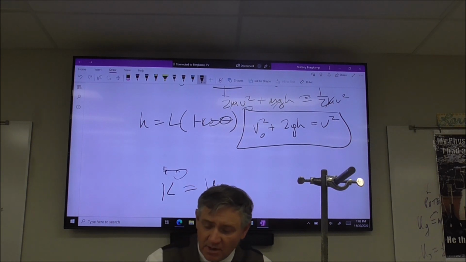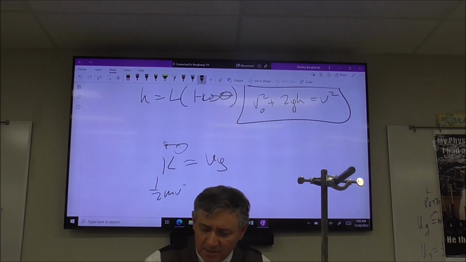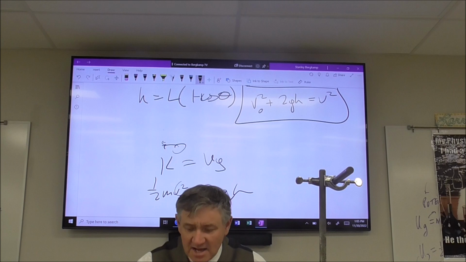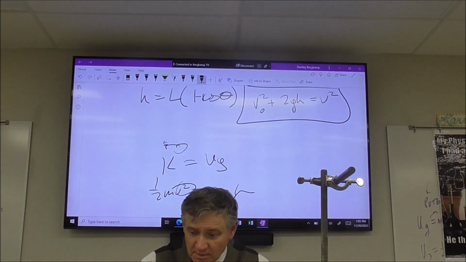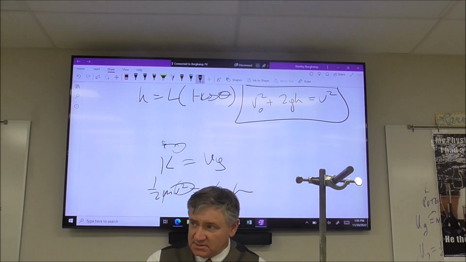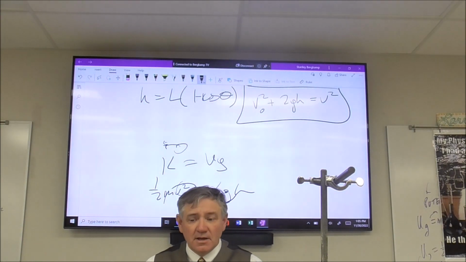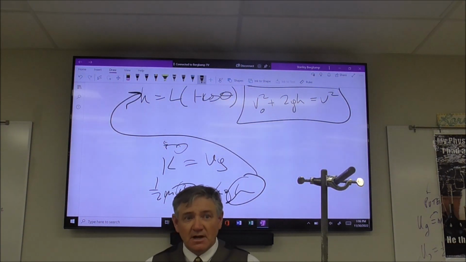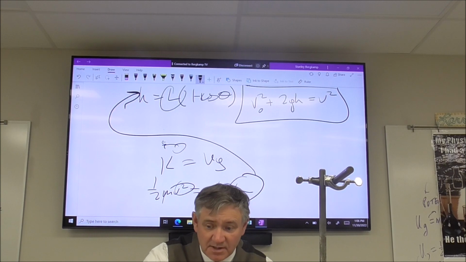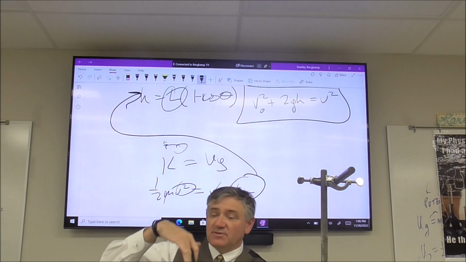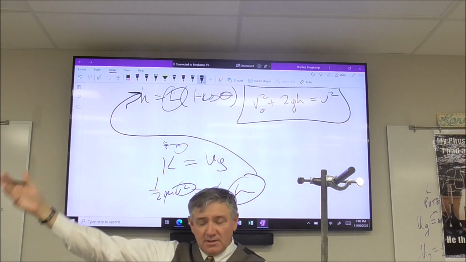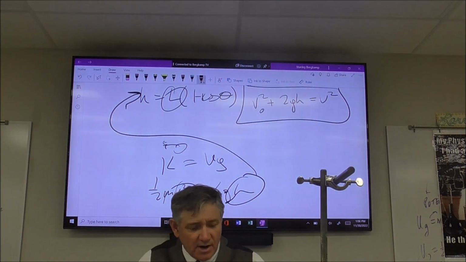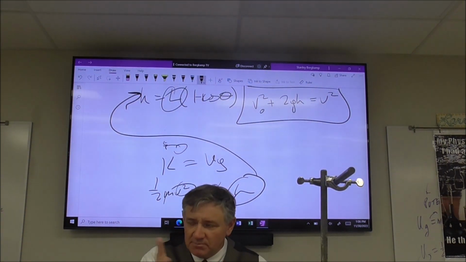So 1/2 mv squared equals mgh. You know how fast they're moving when they swing off together. The masses cancel out, you know what g is. Boom, find your height. Then take that height and plug it into here. It's the same length, so it turns into an algebra problem. You distribute the L, get the cosine by itself, and take the inverse cosine. If all goes well, that angle on 2D should be in the mid-40s.